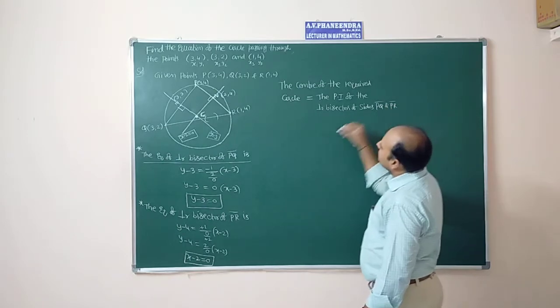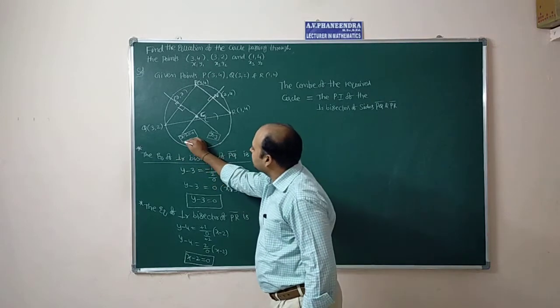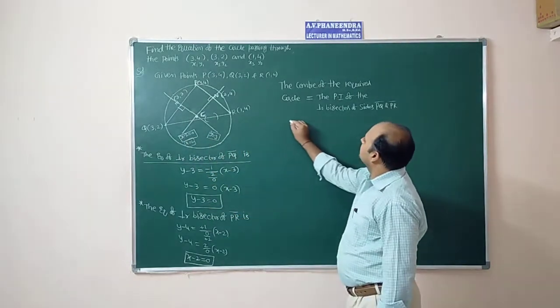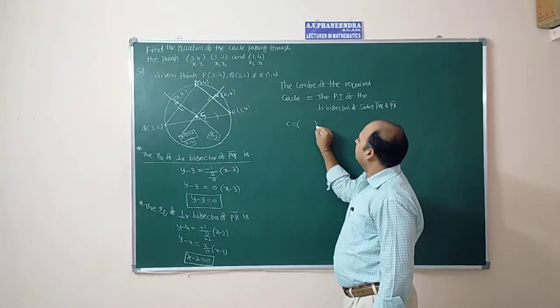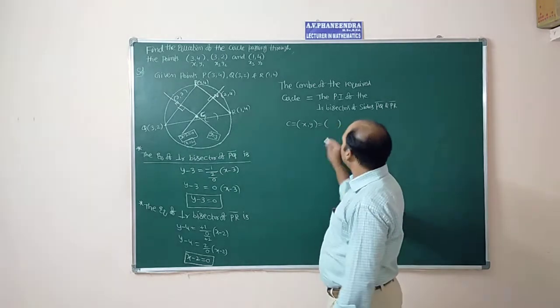So directly solving these two equations, x minus 2 equal to 0 means x is equal to 2, and we already wrote y is equal to 3. So center C equal to (x, y), which is equal to (2, 3).